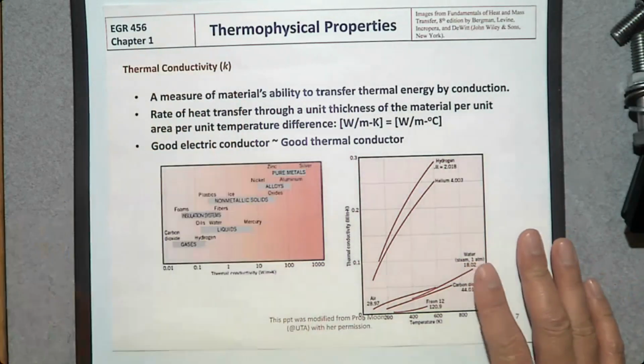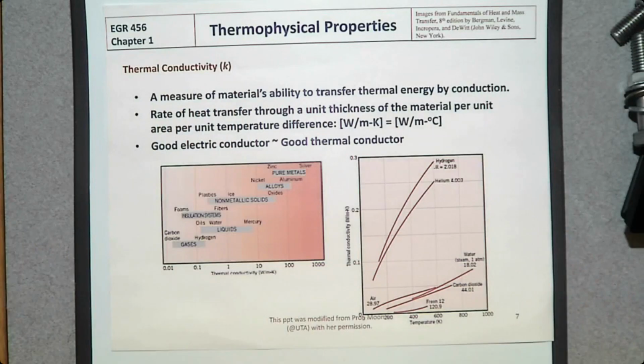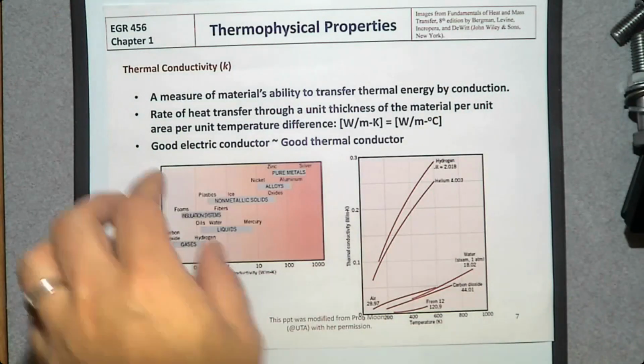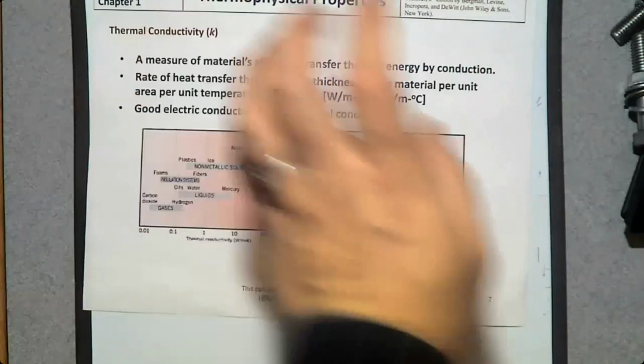So thermal conductivity is a measure of a material's ability to transfer heat. And there is another property, which is thermal diffusivity.